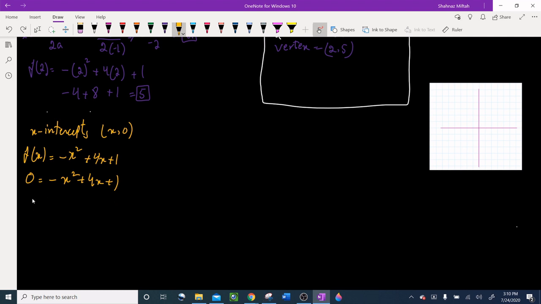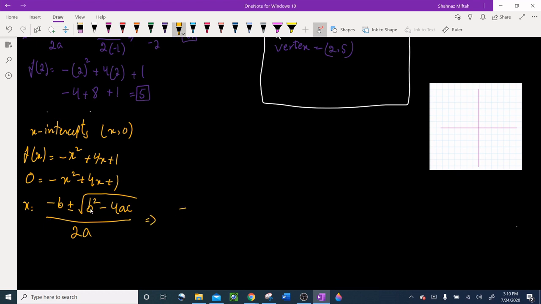Then I'm going to use my quadratic formula, which is x equals negative b plus or minus the square root of b squared minus 4ac, over 2a. Now guys, if you cannot solve the quadratic easily by factoring, then use your quadratic formula, which is this one, and you have to memorize it. So we know this is a, that's b, and that's c. So I'm going to plug in all the values to get that x.